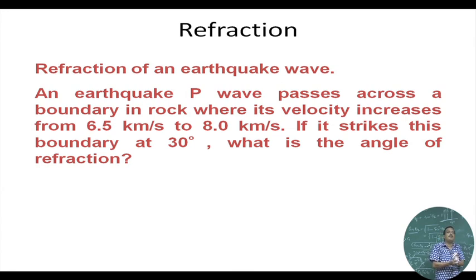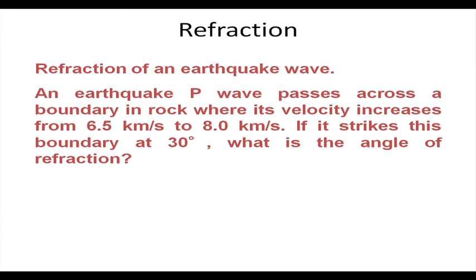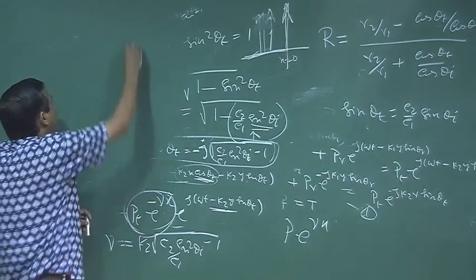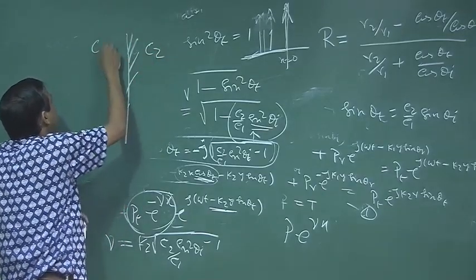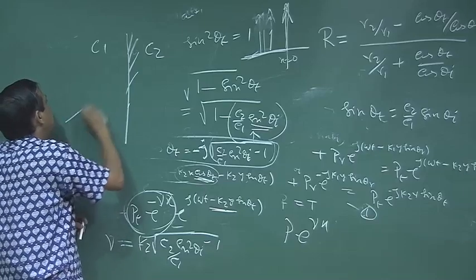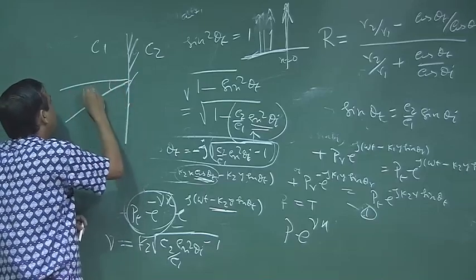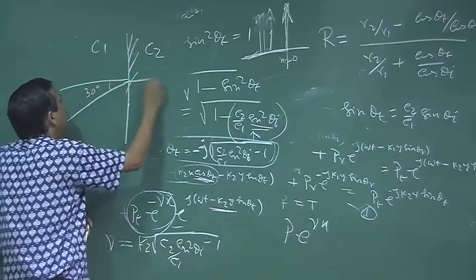passes across a boundary in rock where its velocity increases from 6.5 km per second to 8 km per second. If it strikes the boundary at 30 degrees, what is the angle of refraction or angle of transmission? So, what I said is that a pressure wave is incident on a rock boundary. So, this is C2 and this is C1. From here it is incident at a 30 degree angle. So, what will be theta t?